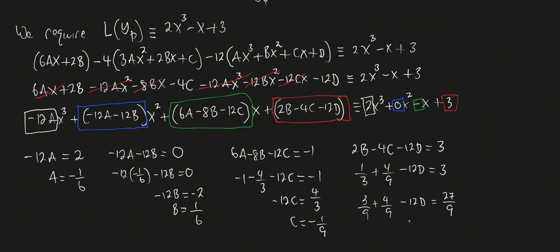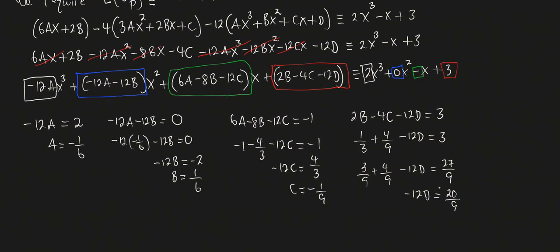So then -12d is 20/9. Dividing by -12, so d is -5/27. So d is -5/27. So there we go.